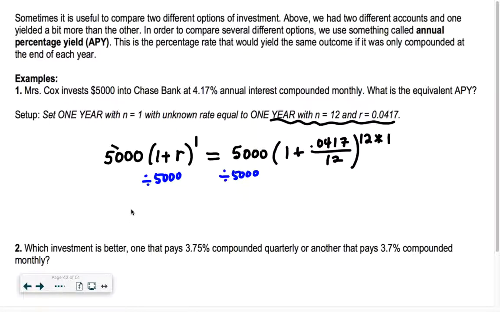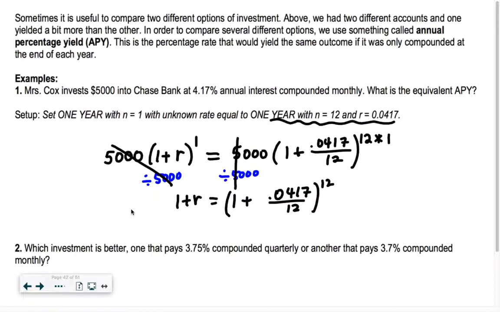So it will always happen that these 5,000s go away. Doesn't matter what you invested. And we'd have 1 plus R equals 1 plus 0.0417 divided by 12, and then raised to the 12. So we just want to solve for R. We're trying to find the rate that we got at the end of 1 year.